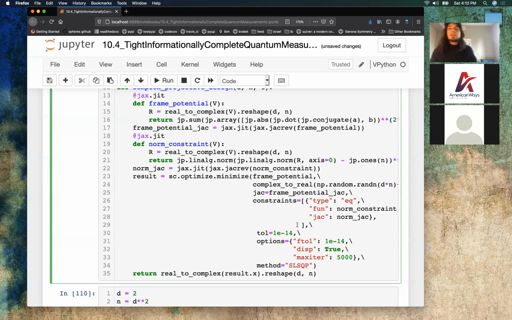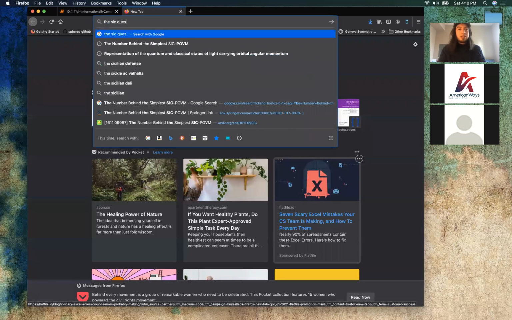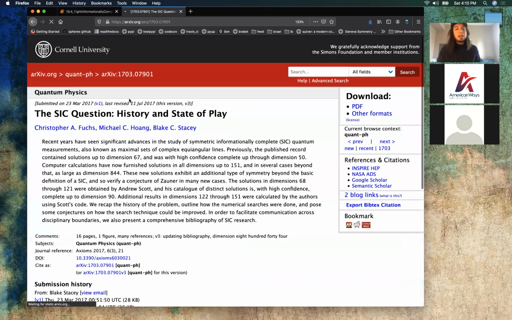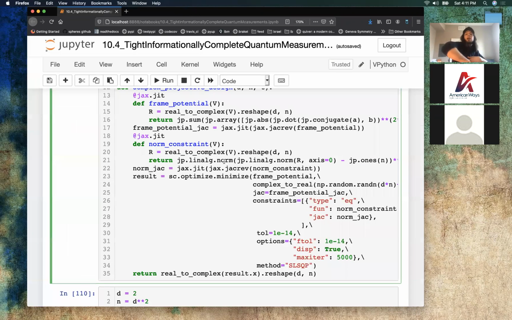There are several interesting papers if you look it up. There's a nice paper called The SIC Question: History and State of Play. They go into how various tricks people found to find SICs for dimensions much greater than 2.